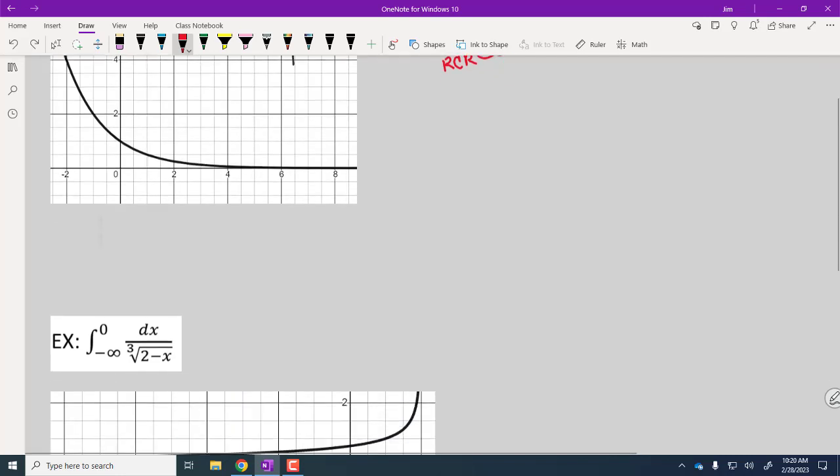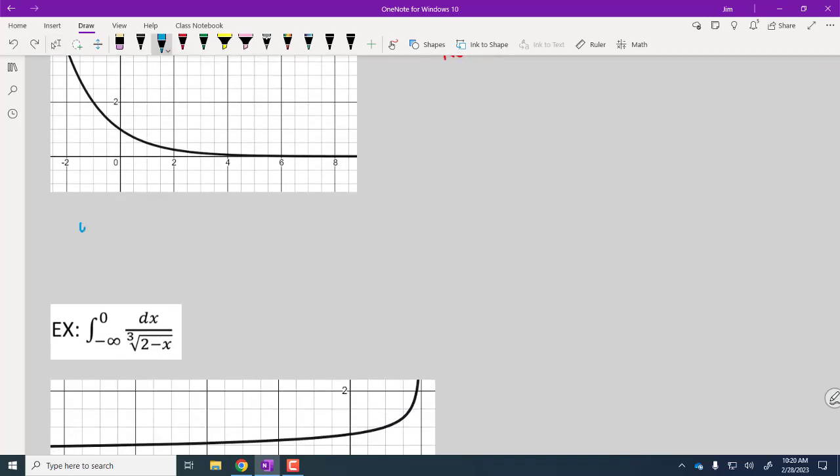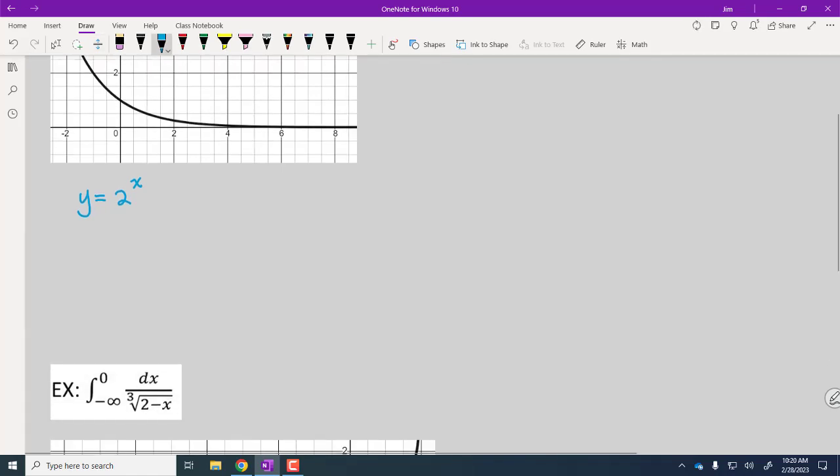Let's just point out, let's go back to Calc 1 for a minute. If you wanted to find the derivative of 2 to the x, do you remember how you found the derivative of that? To prove what the derivative is, you did something called logarithmic differentiation. So you took the natural log of both sides, and when you take the natural log of the right-hand side, that x can come down in front, laws of logarithms, and now you can differentiate both sides using implicit differentiation.